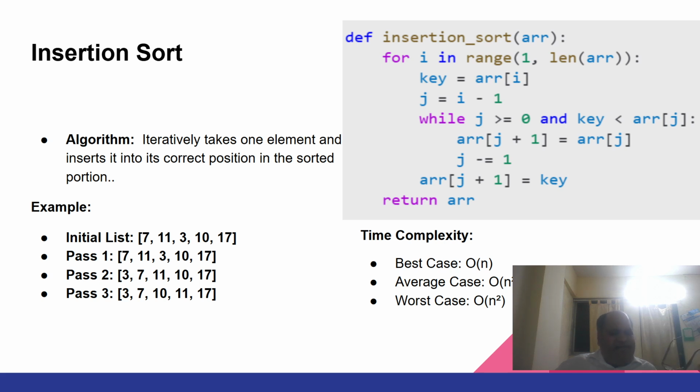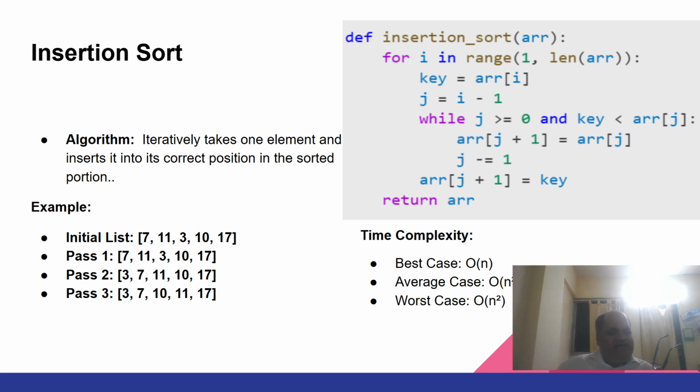Now it will actually compare with the first element, that is 7 with 11, right? And so 3 will actually bubble down to the first position, and 7, 11 will be in order. At this stage, we assume that 3, 7, 11 is sorted, and then again 10, 17 is the unsorted part. Now you start comparison between 10 and 11, right?